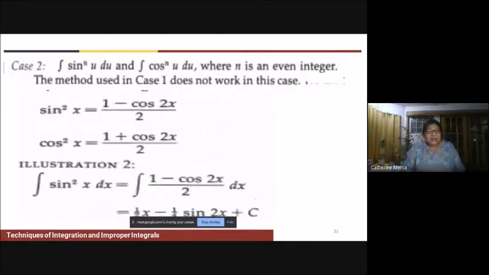Next, case 2: the integral of sine to the n of u du and the integral of cosine to the n of u du, where n is an even integer. The method used in case 1 does not work in this case. When n is even, we cannot use that earlier approach.